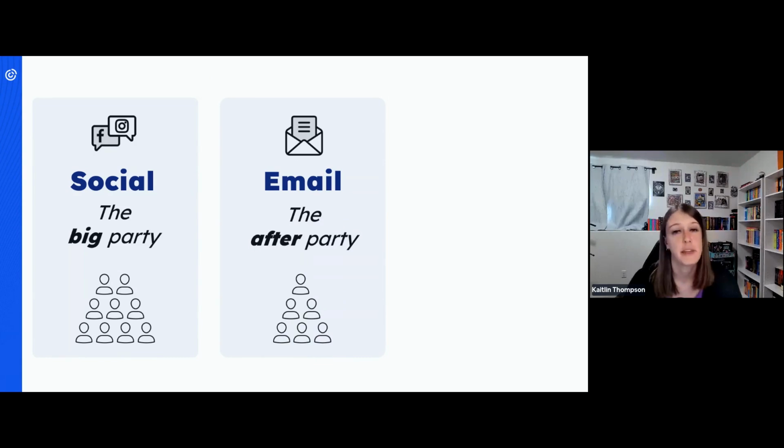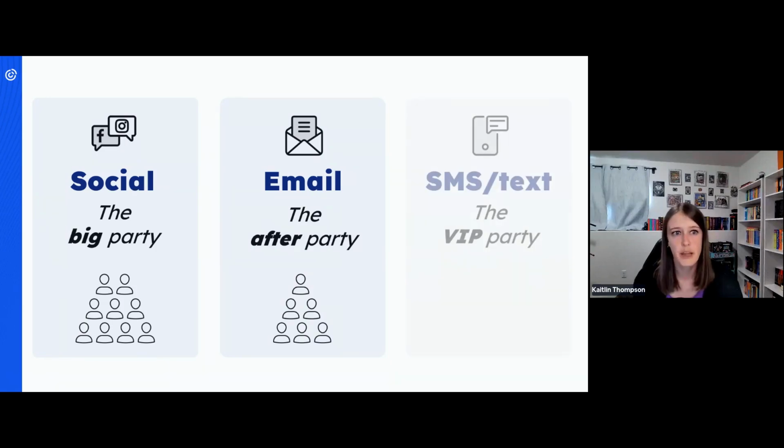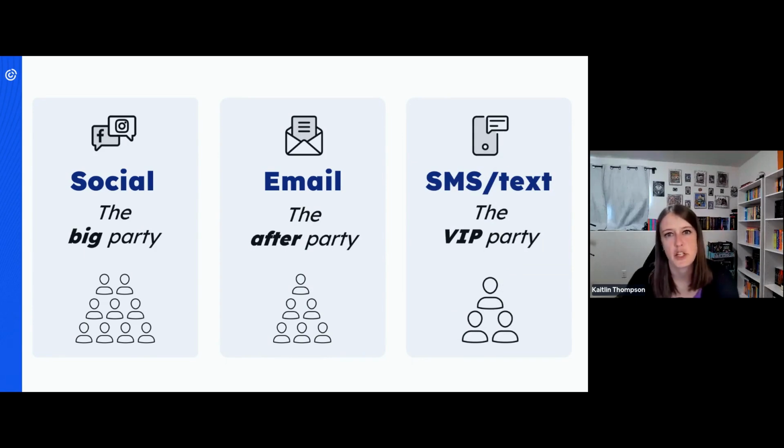And they're saying, yes, I want to stay connected with you. And then from there, you can think of SMS or text message marketing as the VIP party. So these are people you really want to treat special because you're connecting with them in that more personal channel.